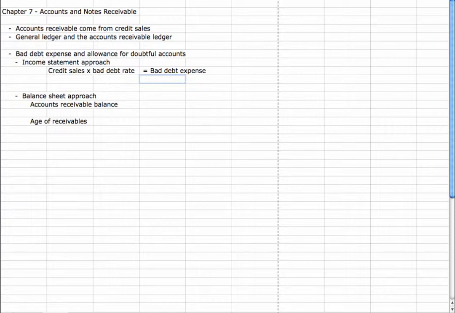We would therefore do a debit to bad debt expense, credit to the allowance for doubtful accounts.